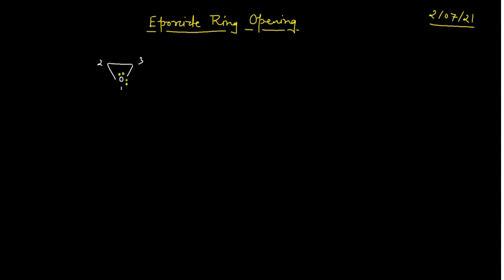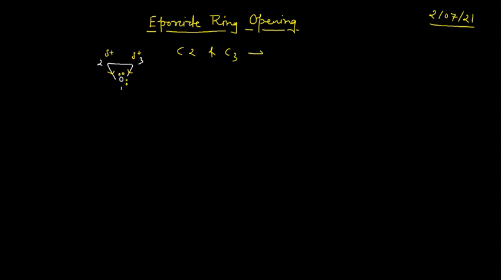And remember, this oxygen is electronegative, so it can pull electron density towards itself, rendering these two carbons positively charged, that is carbon number 2 and carbon number 3. I am writing C2 and C3.